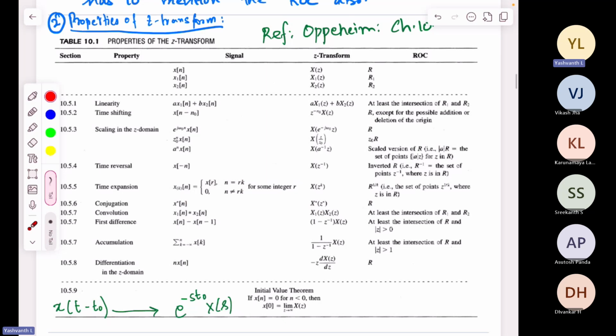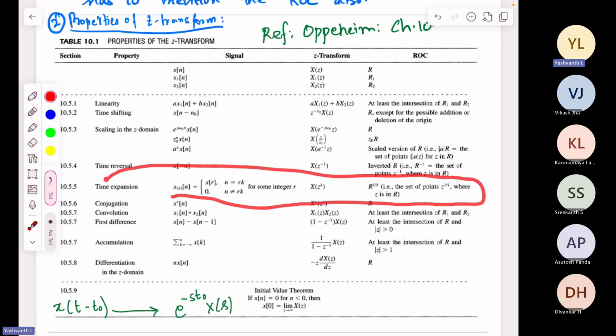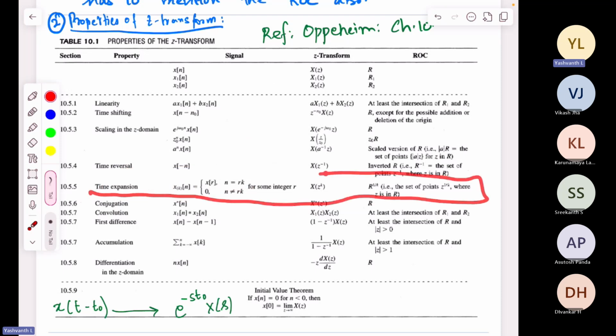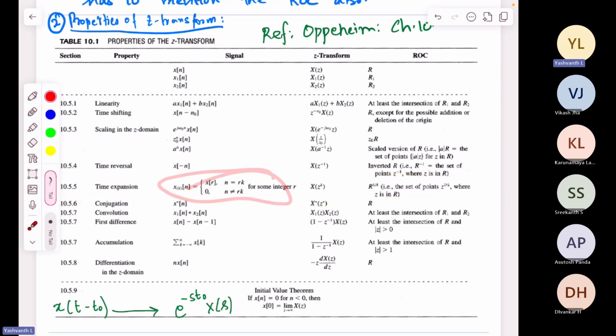It is a property that is unique to a discrete time signal. Basically, in decimation I will ignore some numbers in between and only subsample the given discrete time signal. That is basically called time expansion. But maybe this is something you can ignore for now. Maybe after doing a course on digital signal processing, you will be able to understand the time expansion property better. What this operation is exactly doing, you can learn later.